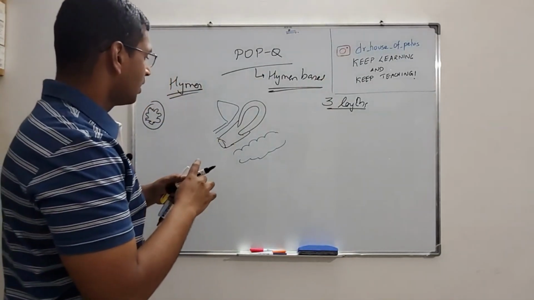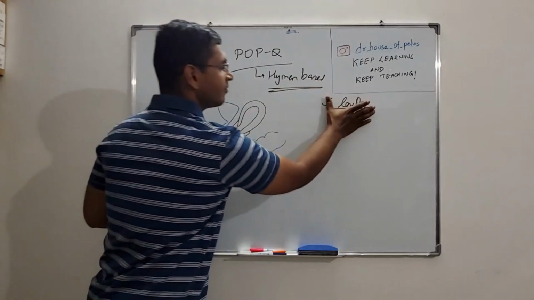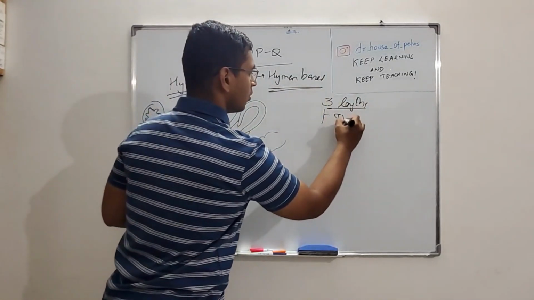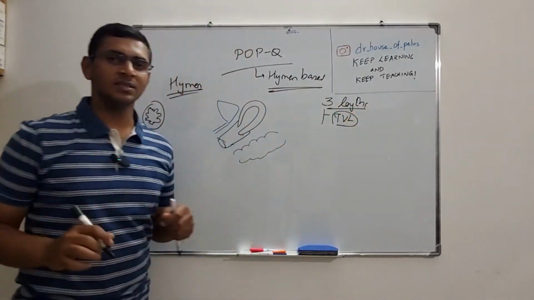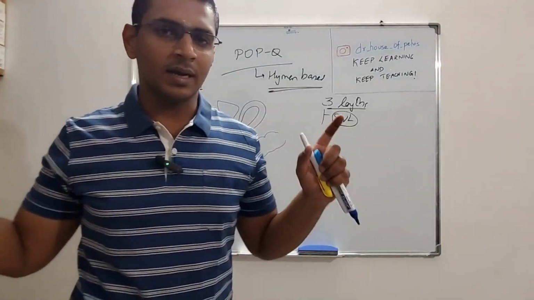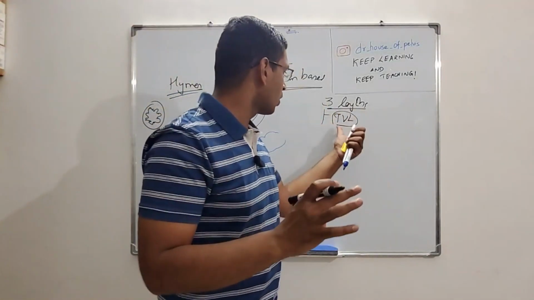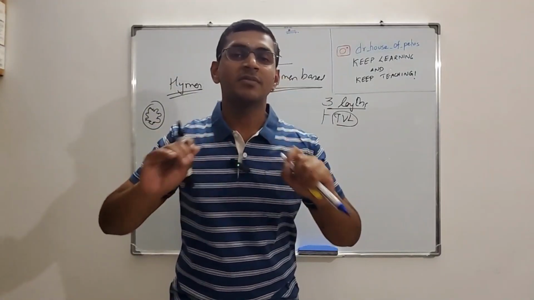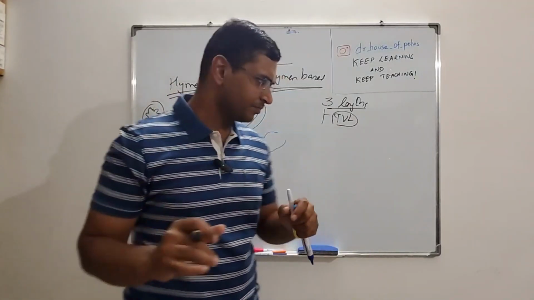Now we have 3 lengths. The first length is total vaginal length. Why am I discussing this first? Because all the other points and lengths, except total vaginal length, are measured in complete straining or maximum Valsalva.